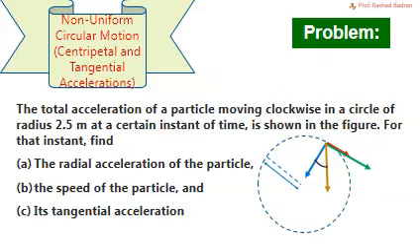As an application to the non-uniform motion, let's take this example of a particle moving in a clockwise direction in a circle of radius 2.5 meters, and at a certain instant of time it has an acceleration of 15 meters per second squared at 30 degrees with respect to the radius.